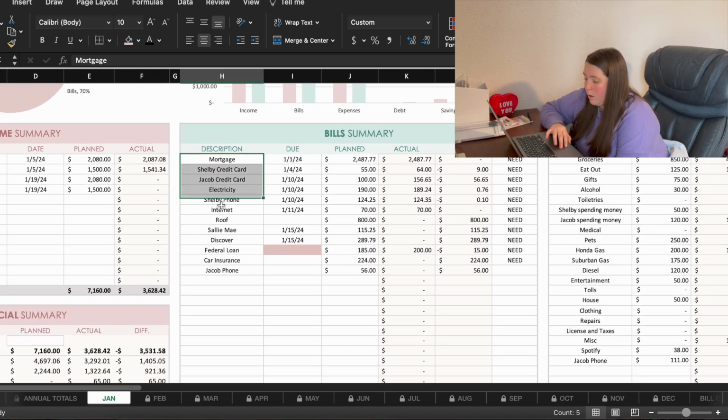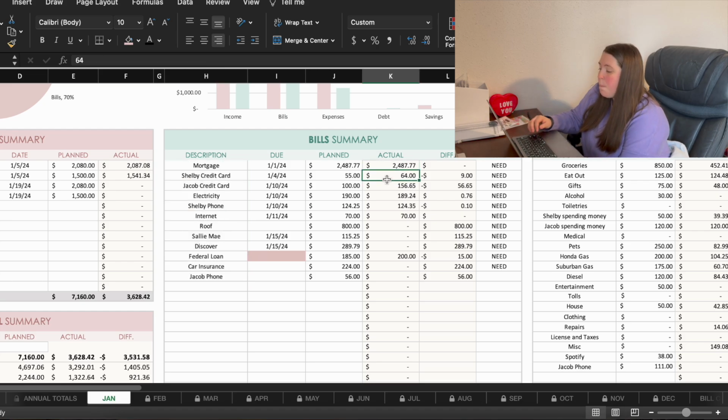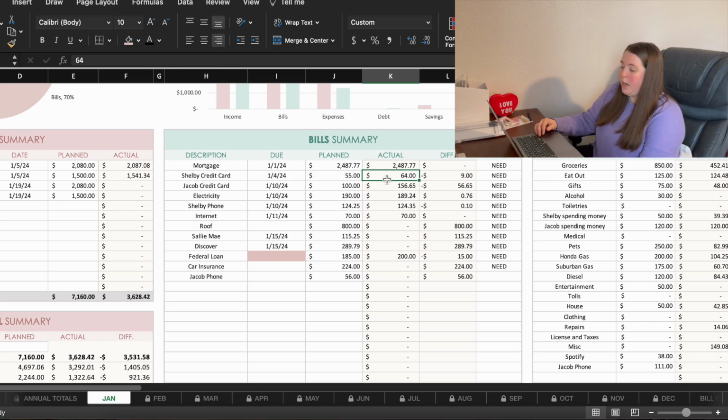Then we'll go over to bills next. I have all of our bills listed out here. I put the due date and then whether they came out. For example, the mortgage came out. My credit card was a little bit higher than I expected, and I think that was just one random gas station thing.